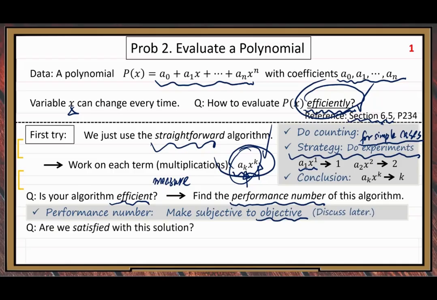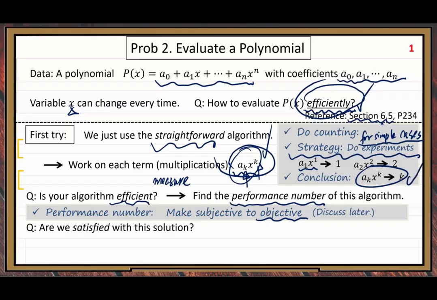Are we satisfied with this solution? k multiplications to calculate this general term. Are we satisfied? If we cannot do better, then we have to take it, right? Because we don't know how to do better than this answer.